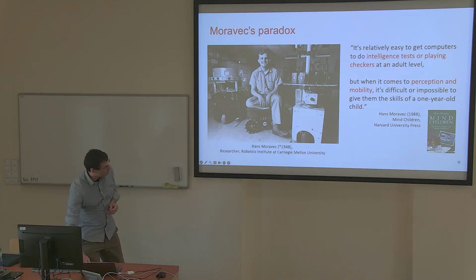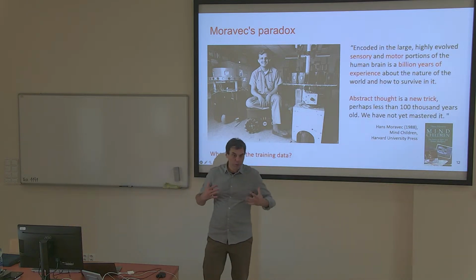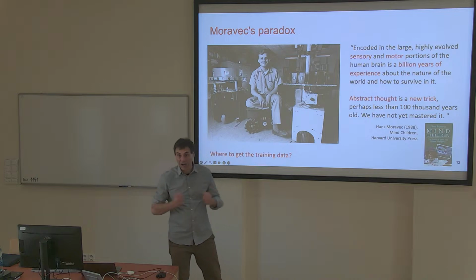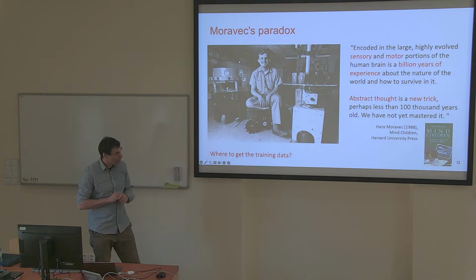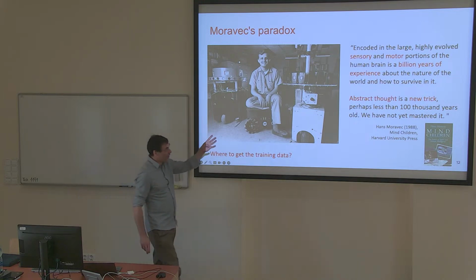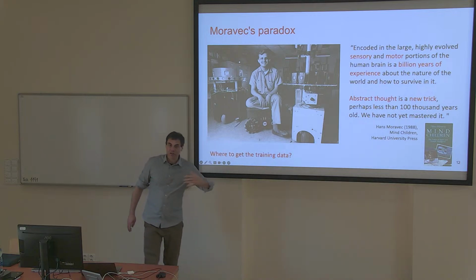So he had a hypothesis. We don't know; I don't think anyone knows at the moment why that is. He had a hypothesis, which is in the book, saying that the visual motor skills which we have in manipulating the world are encoded in the highly evolved sensory motor portions of the human brain, and have billions of years of experience.